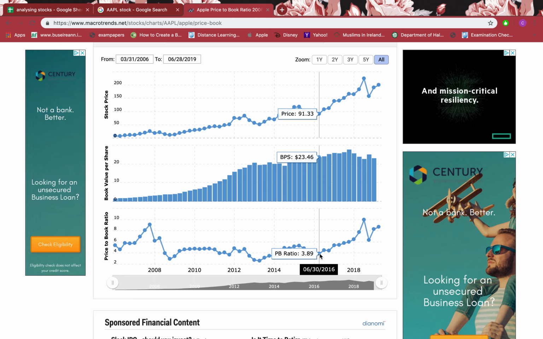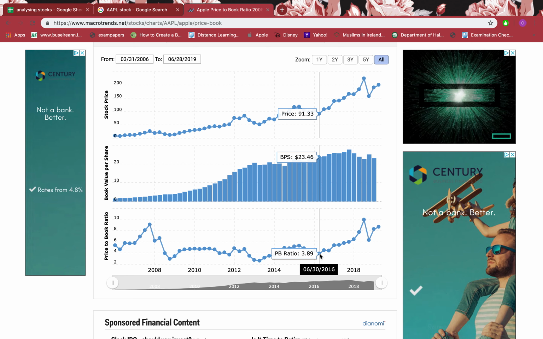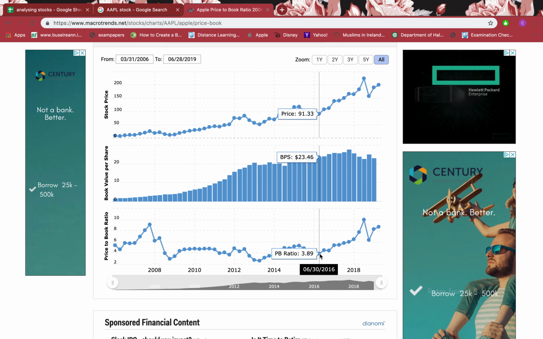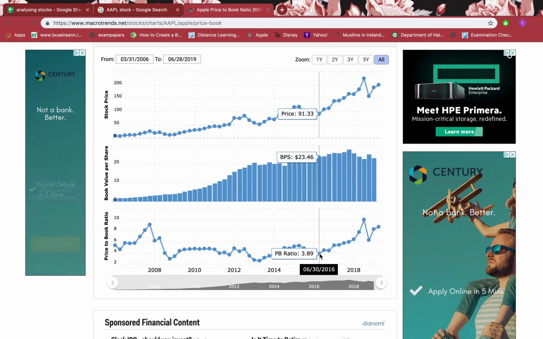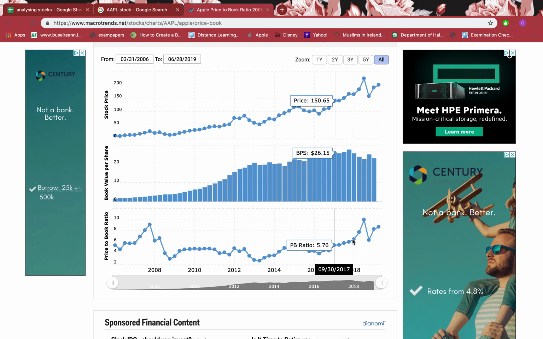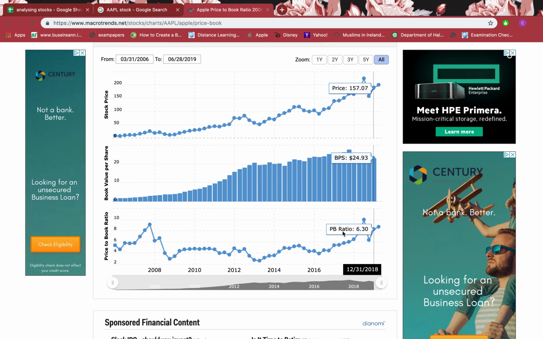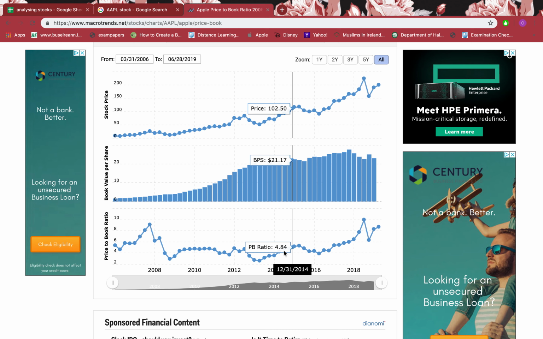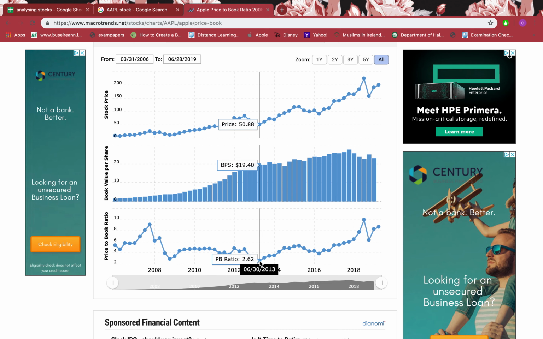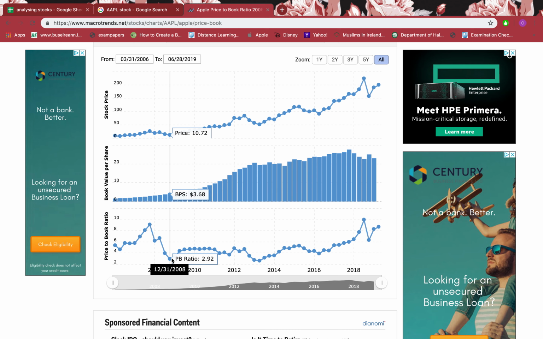So somebody who bought Apple stock in 2016 June could have bought more stock cheaply, and it would be the same stock. But right now, the same person will be paying 8 times the amount to buy one stock. So the lower the numbers in price book ratio, the cheaper the stock you're buying.